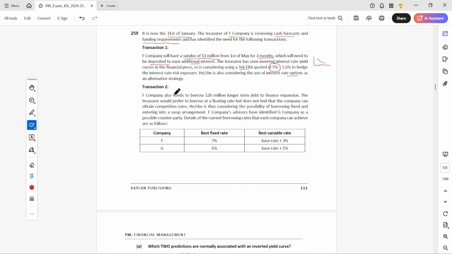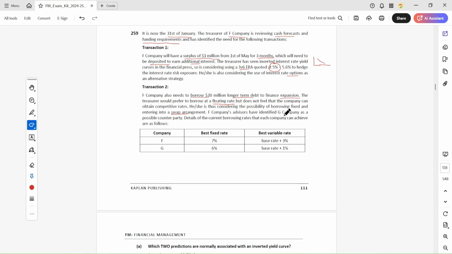F company also needs to borrow long-term debt to finance the expansion. The treasurer would prefer to borrow at a floating rate, but does not feel the company can obtain competitive rates, so is considering the possibility of a swap arrangement. The advisors have identified G as a possible counterparty.